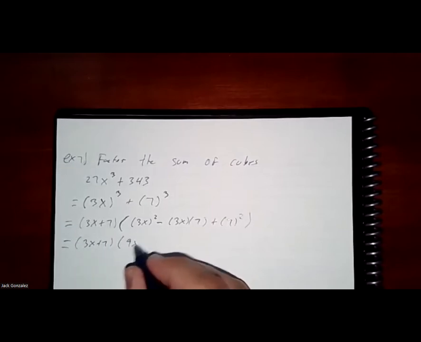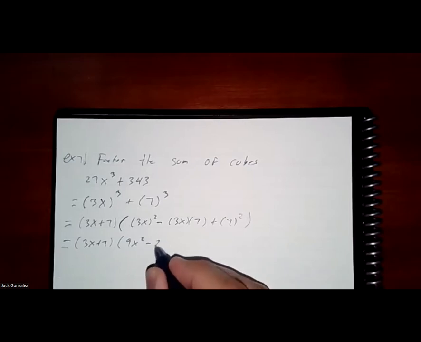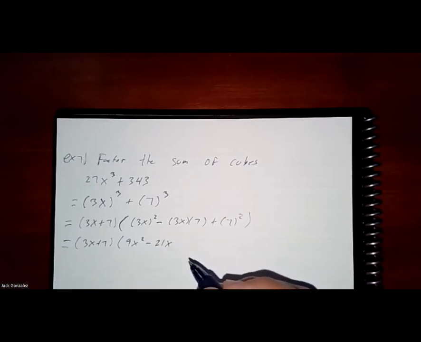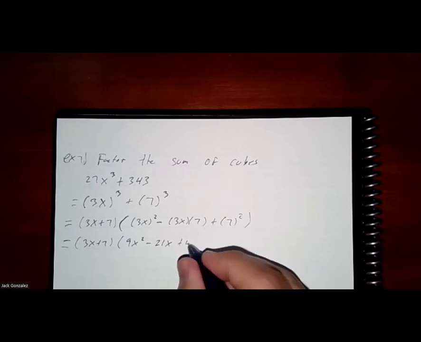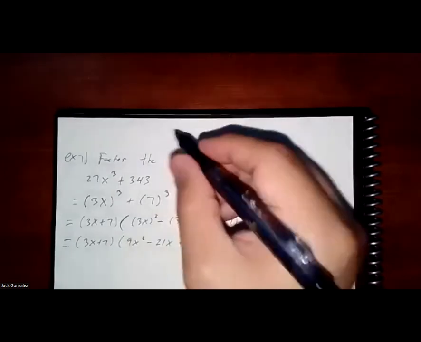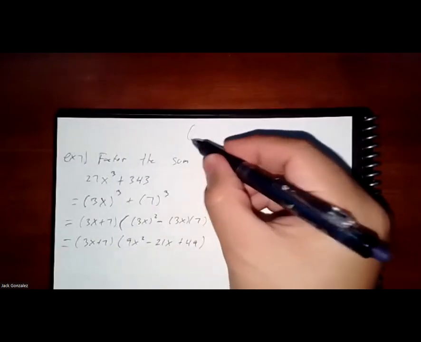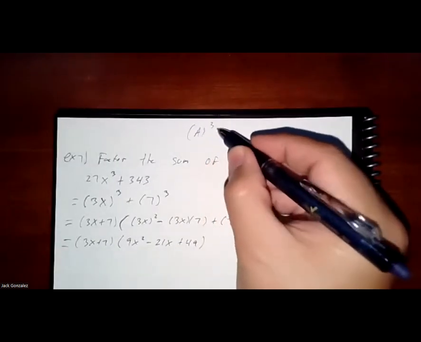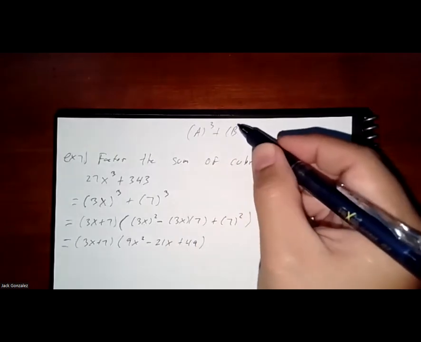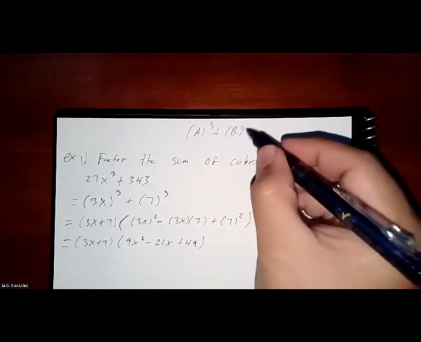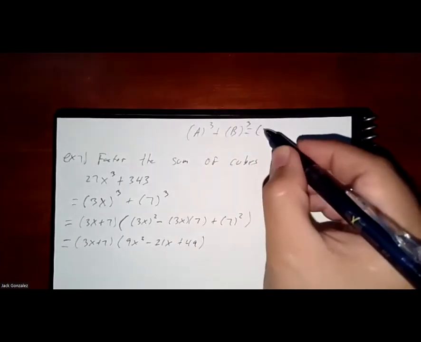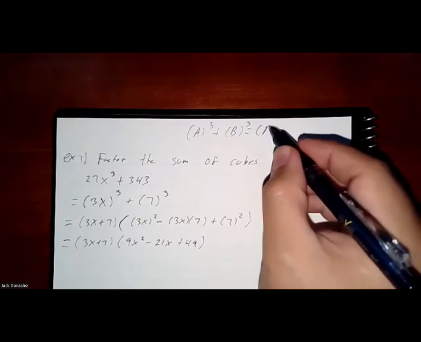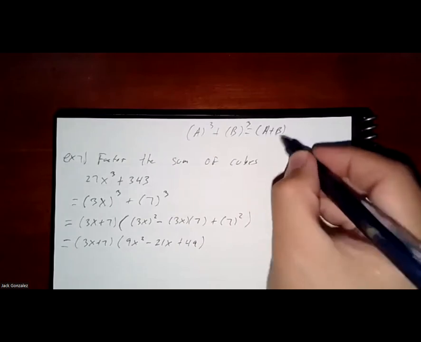So the answer is 9x squared minus 21x plus 49. That's the sum of cubes that I used here.